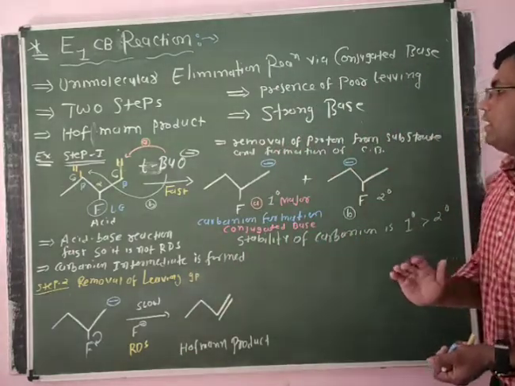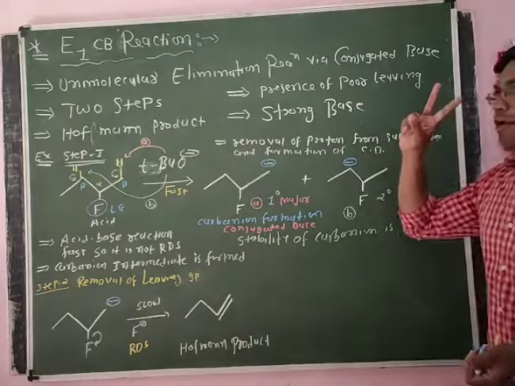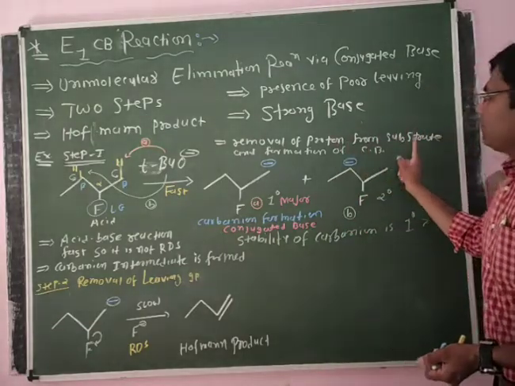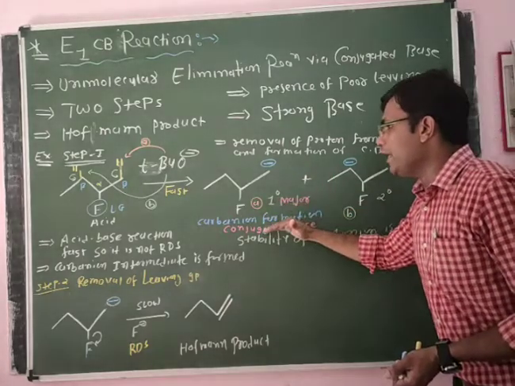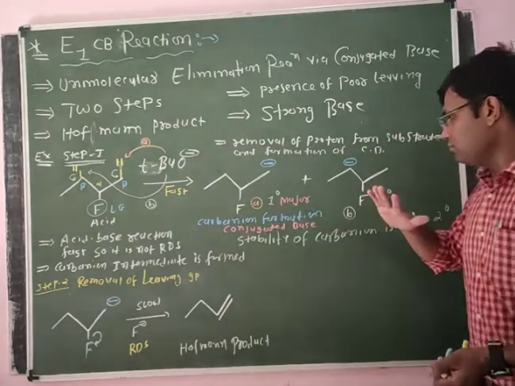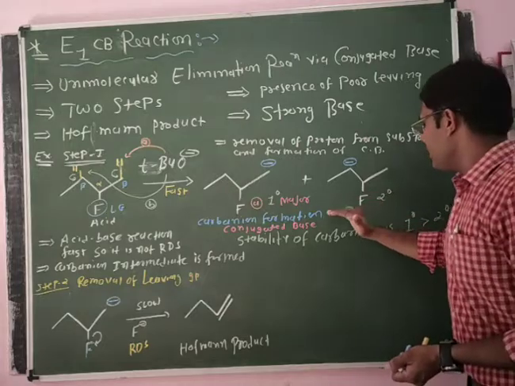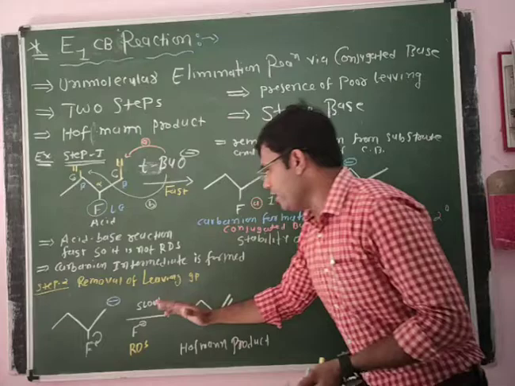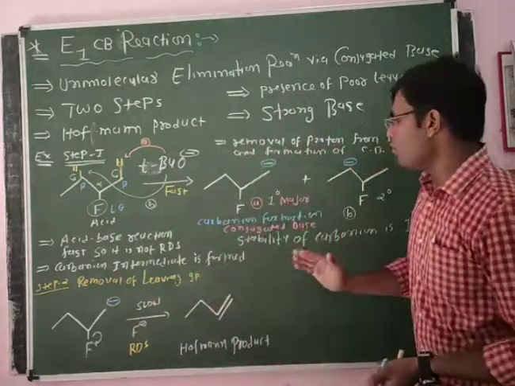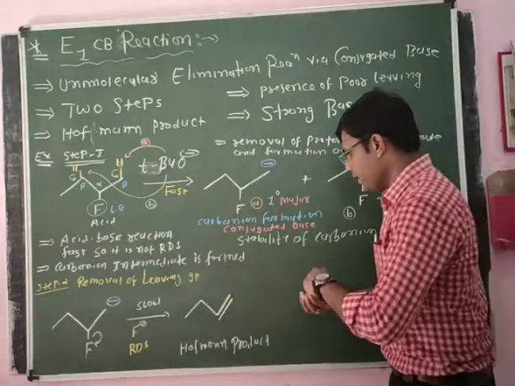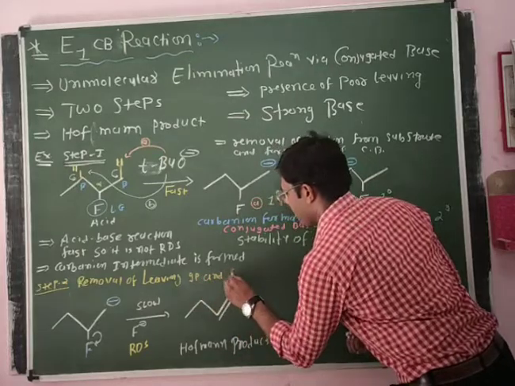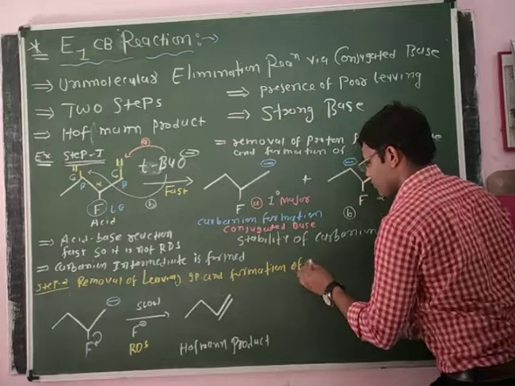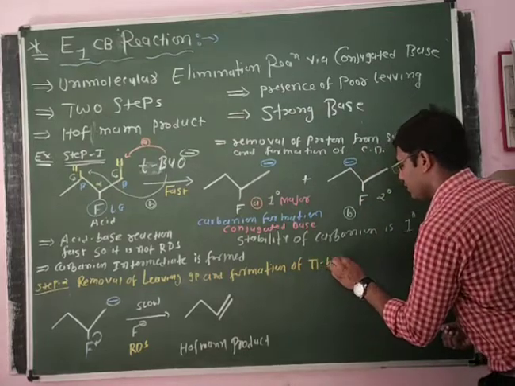So finally we can say even the E1CB reaction occurs in two steps. The first step is removal of proton from the substrate and formation of the conjugate base, or we can say carbanion. And here we get the major carbanion, which is more stable. In the second step there is removal of leaving group and formation of a pi bond, and we get the alkene.